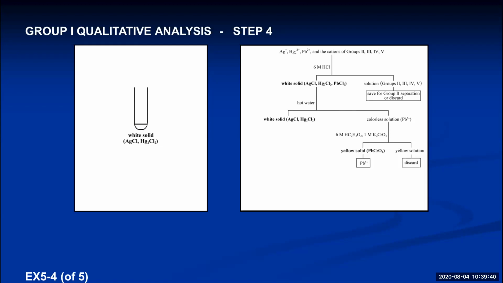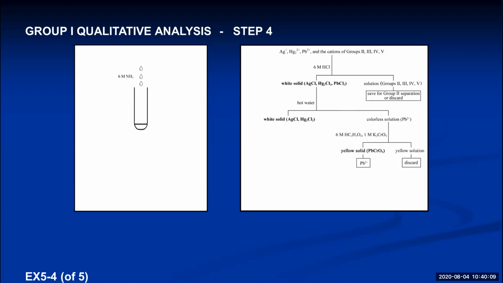So this white solid, which can contain silver chloride or mercury 1 chloride or both, we're going to add a reagent of ammonia. And ammonia is a base. As it drips in there, what ammonia molecules do, not because they're a base necessarily, is bond to silver ions to form a very stable complex ion whose formula is Ag(NH3)2 with a positive 1 charge.